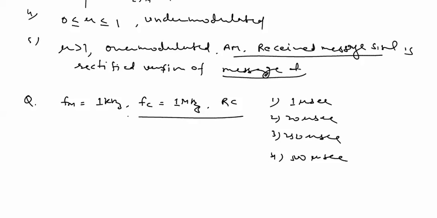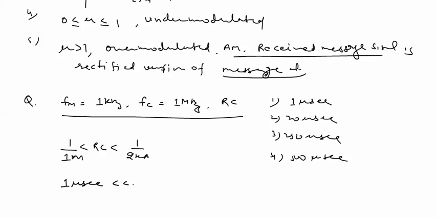As per the given data, RC should lie between these two values, 1 upon 1 MHz, which is 1 microsecond, and 1 upon 2 kHz, which is 500 microsecond.